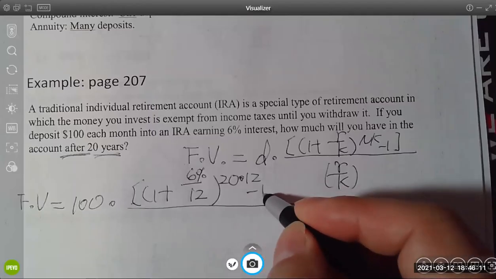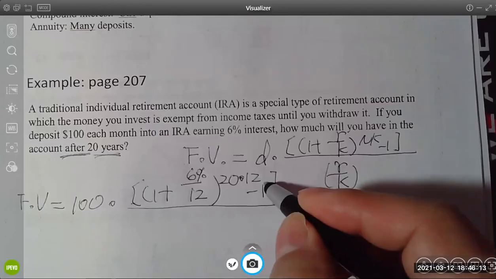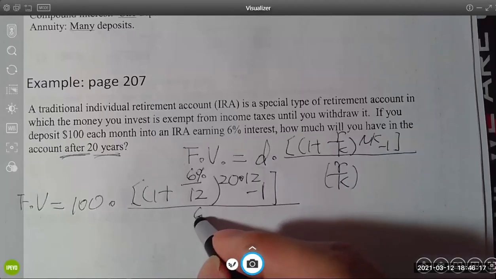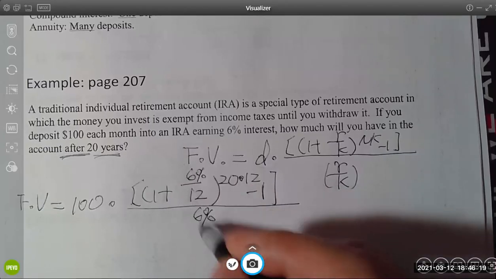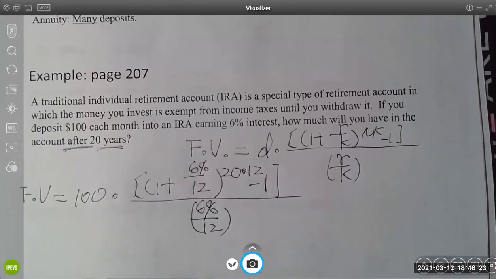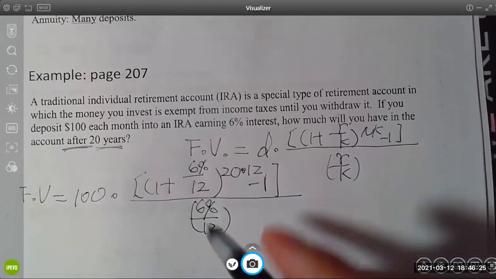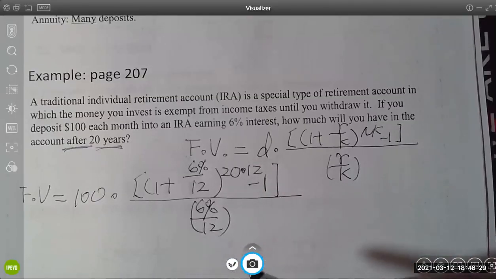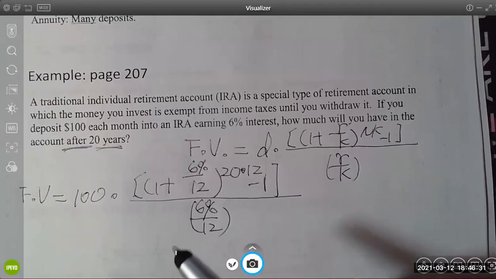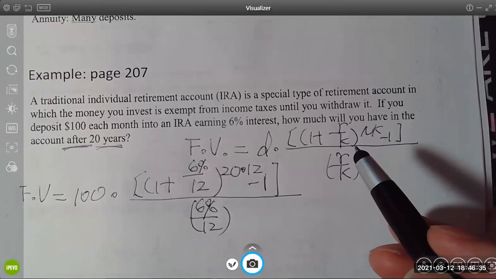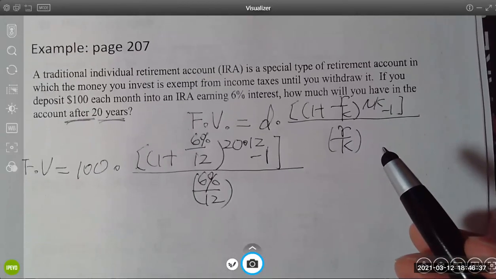And subtract 1. This is just part of the formula. Never leave this out. And divide by 6% over 12. These two are always the same. For the annuity, don't worry about how we get this formula, because the algebra involved in developing it is too complicated, so I chose not to do that.